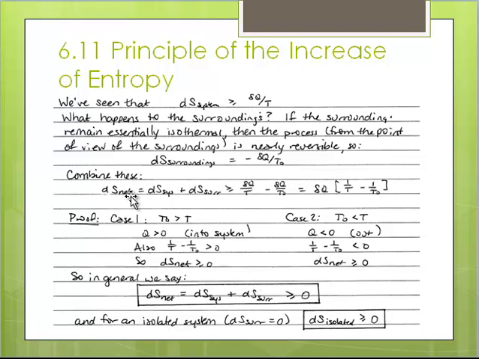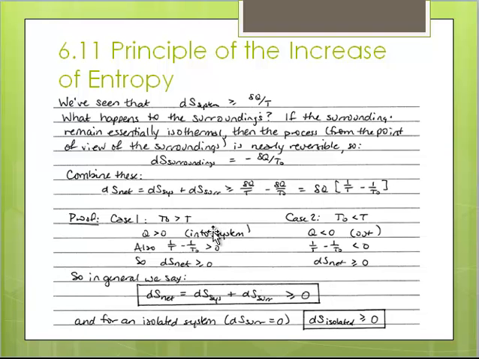So what's going to happen to the net entropy change? Okay, it's going to be what happens to the system and what happens to the surroundings. The amount of heat transfer will be the same. It goes out of one into the other, so the directions will be different, but the amount of dQ will be the same. So dQ times (1 over T minus 1 over T0) is the net entropy change. Now I've got two possibilities.